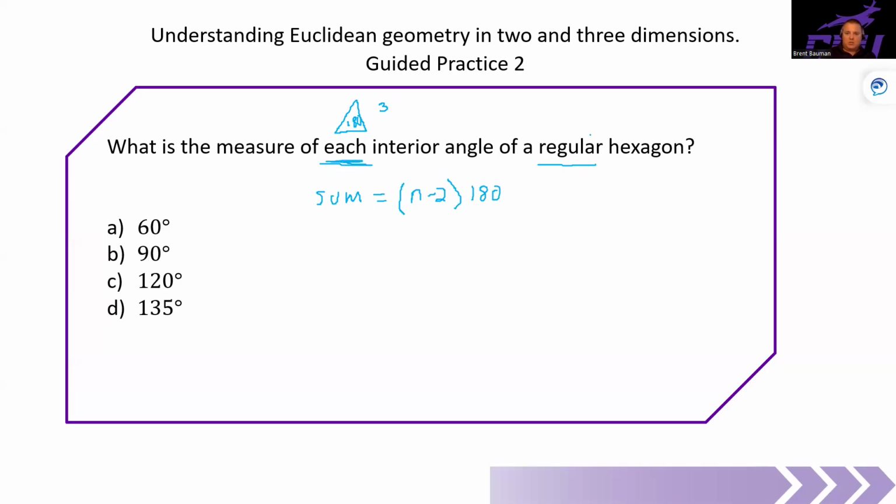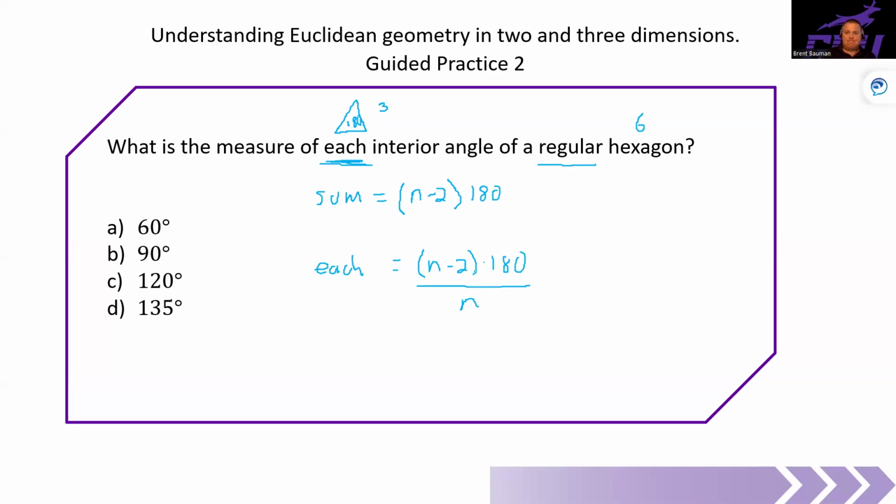So we need to identify that our hexagon has 6 sides. And the n is the number of sides. So if we're looking for each angle, then we would take the sum and divide it by the number.